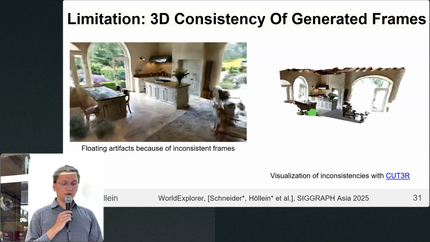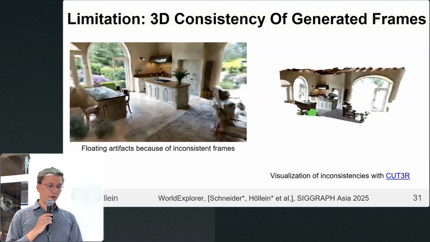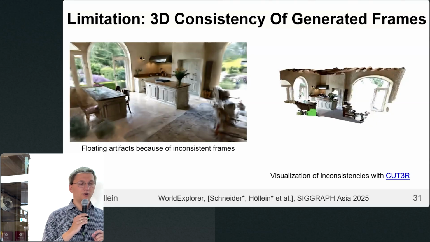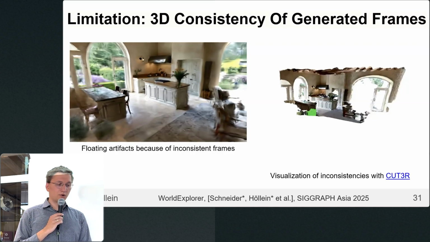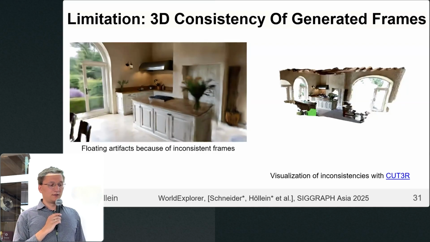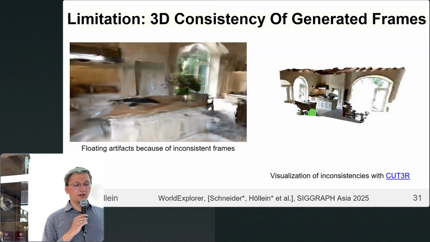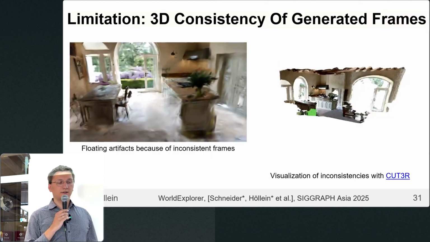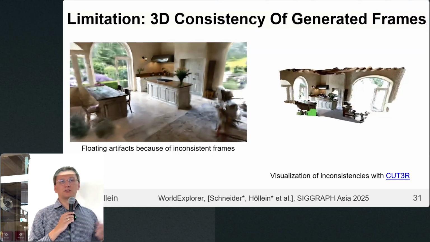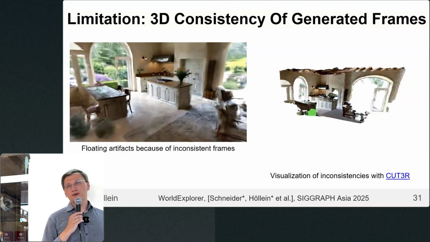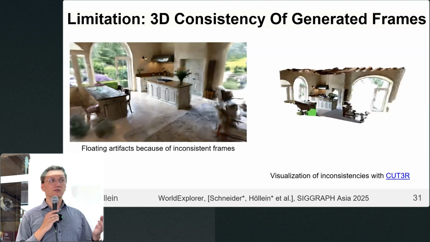And that's actually what we see with our approach. So if we render the 3D scene from World Explorer that we reconstructed for this scene, and we rotate around this table, we can still see some floating artifacts that don't look super compelling and realistic. And this is not because we didn't see the table from those perspectives, but actually because the generated frames are not consistent.